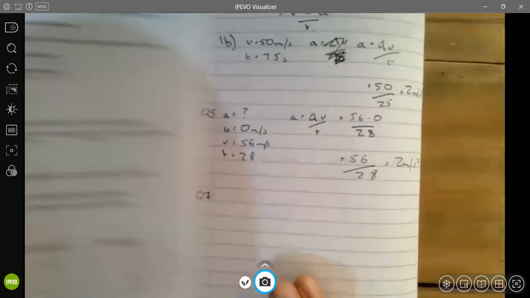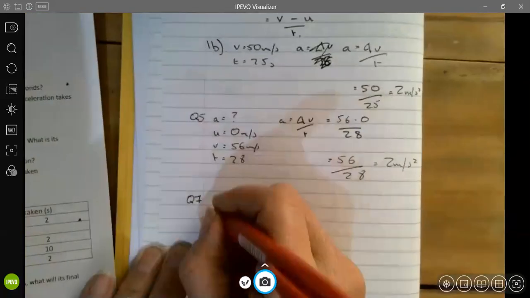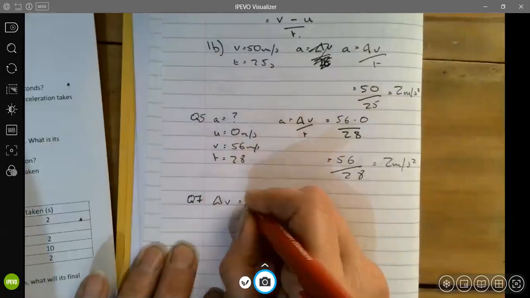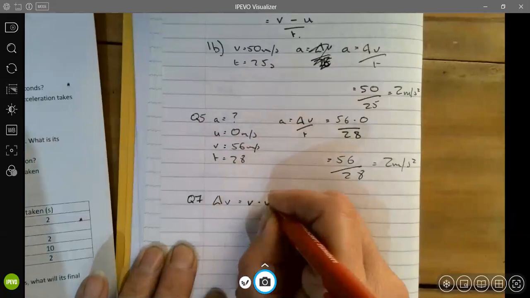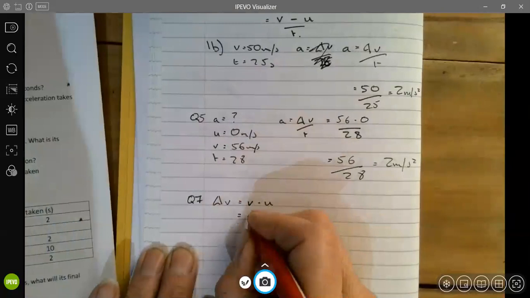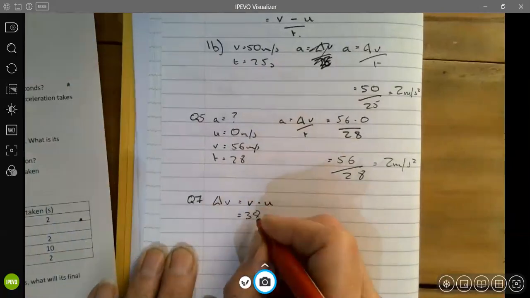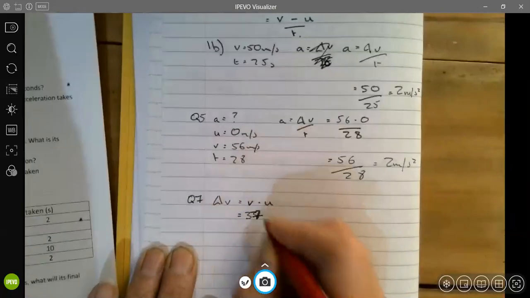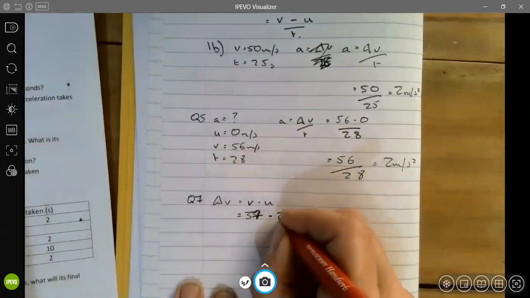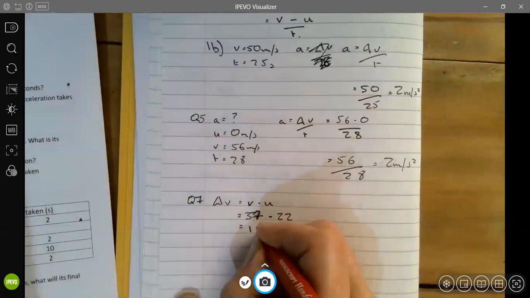So we're looking for delta v, and that is equal to final velocity minus initial velocity. So final velocity is 37 minus 22, which is its starting velocity, which is equal to 15.